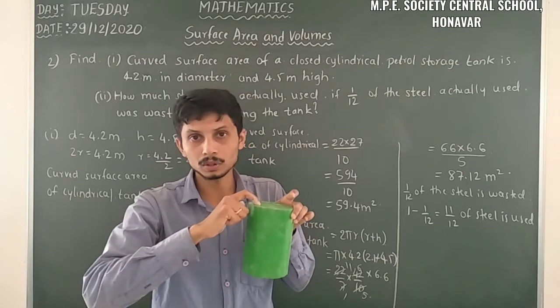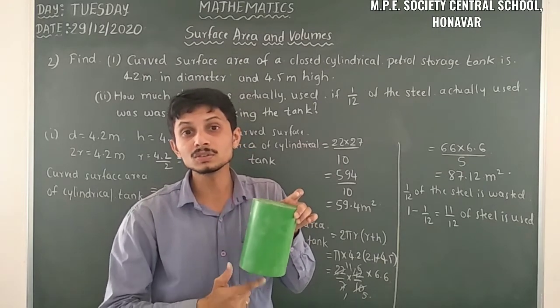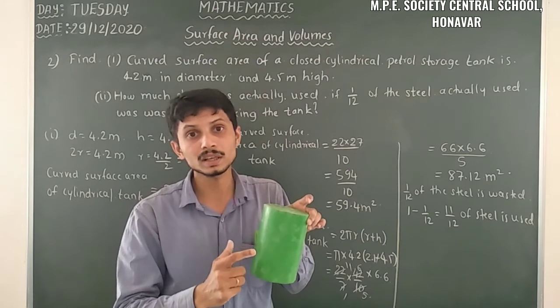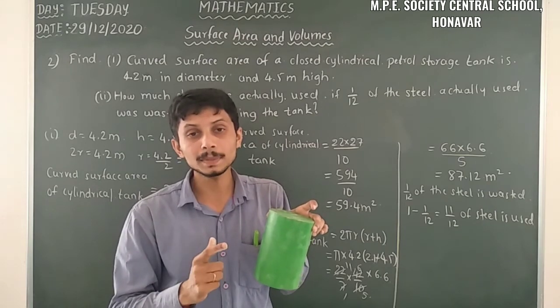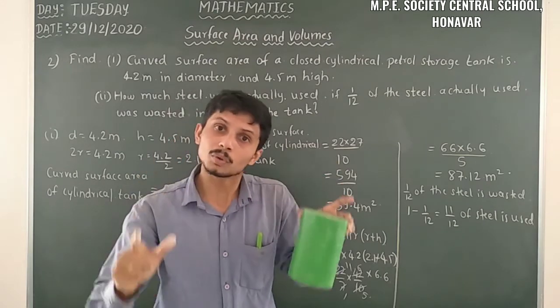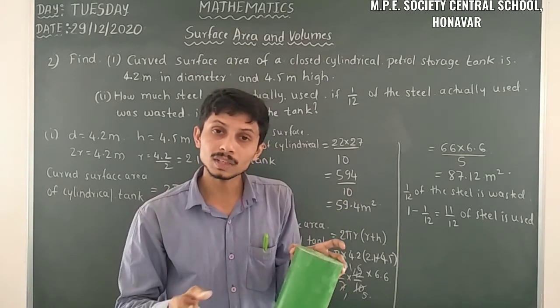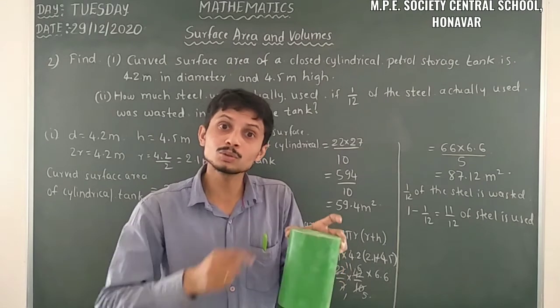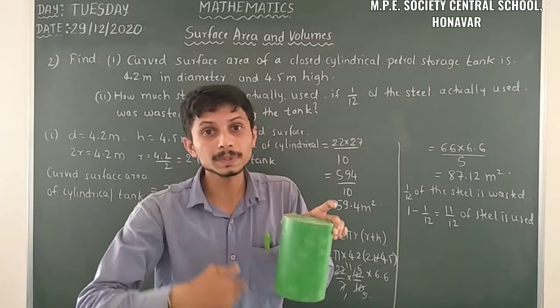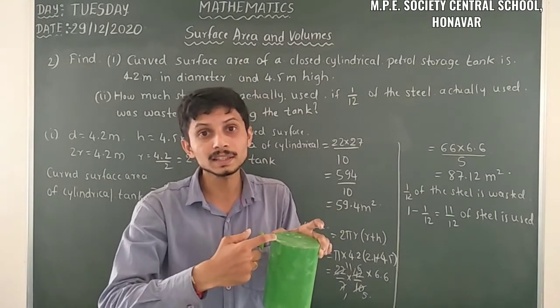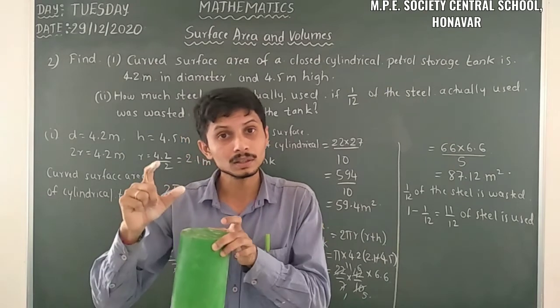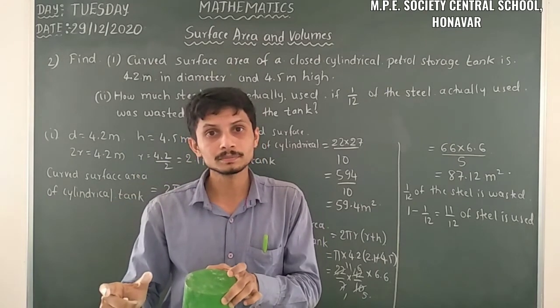We already know the actual surface area is 87.12 meter square, but how much steel we used, we don't know. It is given that out of the total, we used only 11/12 of the steel for this total surface area. So the total surface area is equal to 11/12 of the steel actually used.